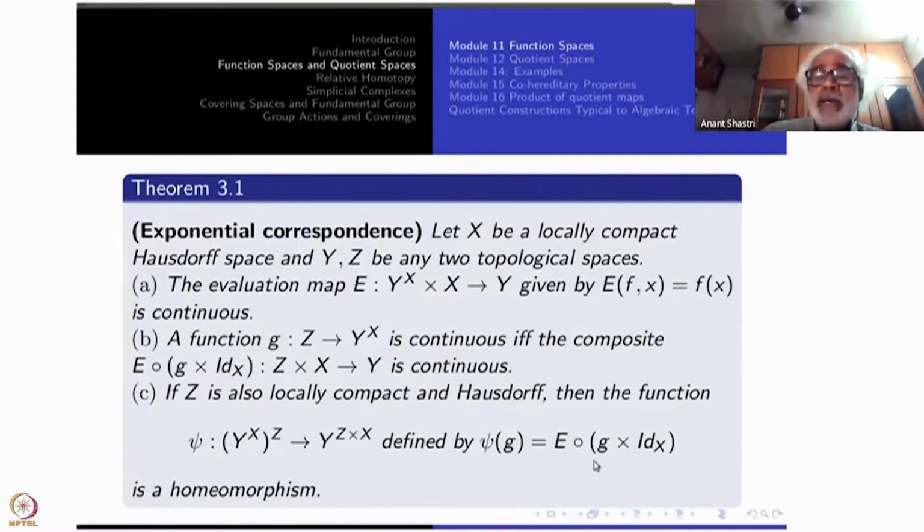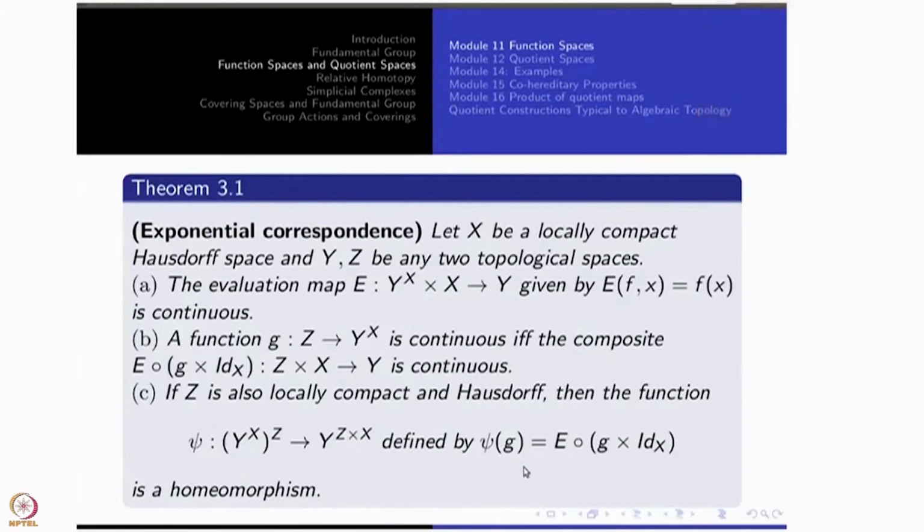Under this exponential correspondence, psi of G is E composite G cross identity, which is just like here. So C is actually a consequence of B, but we will have to work it out. What happens is this bijection is fine, but this actually being a homeomorphism is what you have to see. All right. So let us go through this proof one by one.